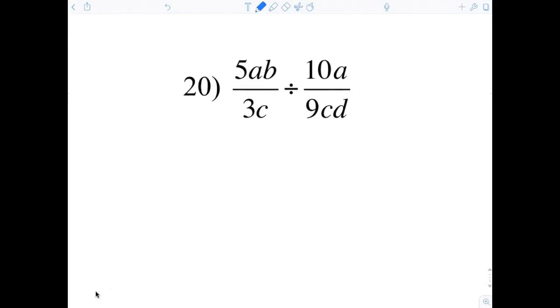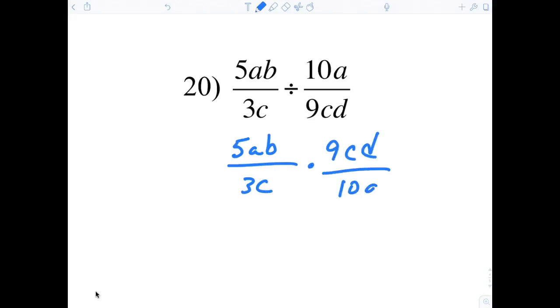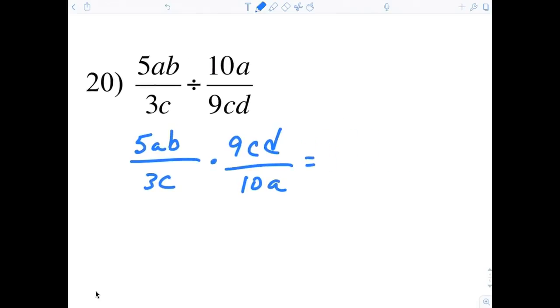Uh-oh, we have division, so right off the bat, we have to change it to multiply by the reciprocal. So let's do that. 5ab over 3c times 9cd over 10a equals. Now, again, in my opinion, I think it's easier to always look at the numbers and try to reduce the numbers first.